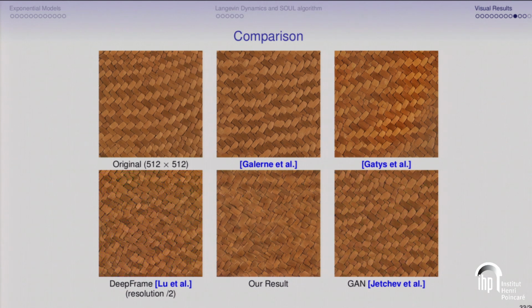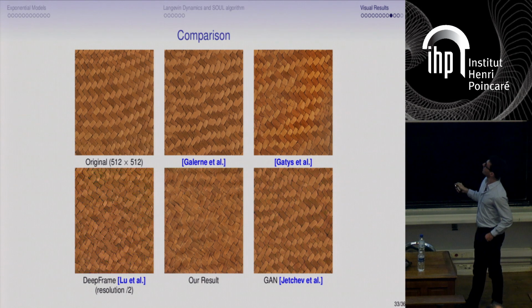Now, comparing to other state-of-the-art algorithms for texture synthesis. Here is the method by Gatys and colleagues, which is probably the best in terms of visual quality. Here is actually another method that we proposed using semi-discrete optimal transport. Here is Lu and colleagues with a smaller resolution.